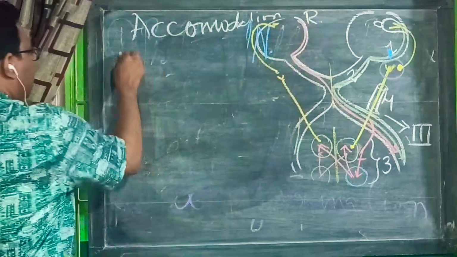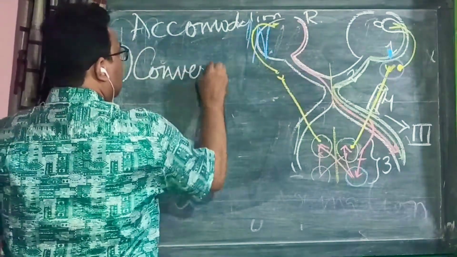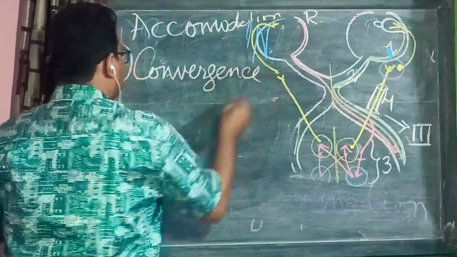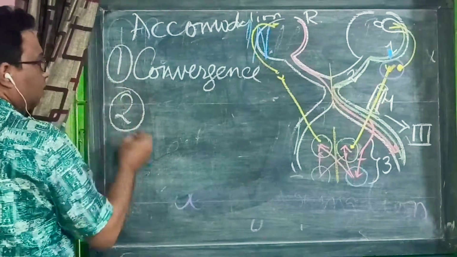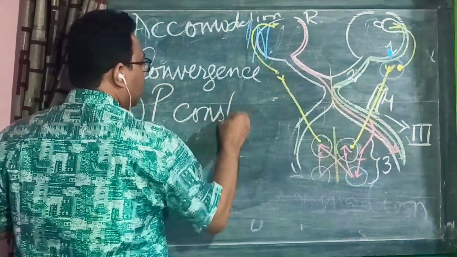So the accommodation reflex has three components. One, convergence. Two, pupillary constriction.